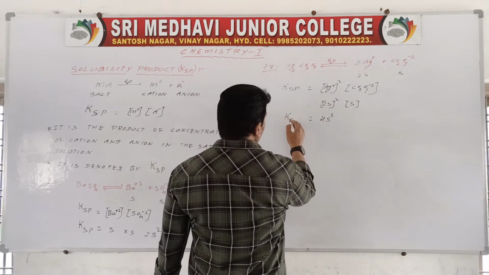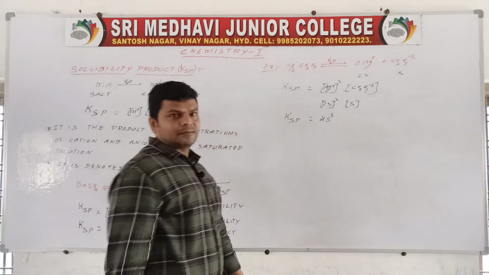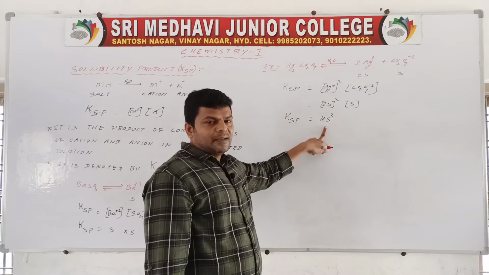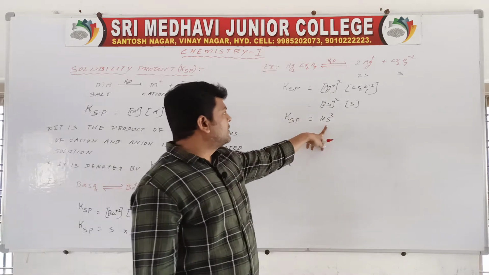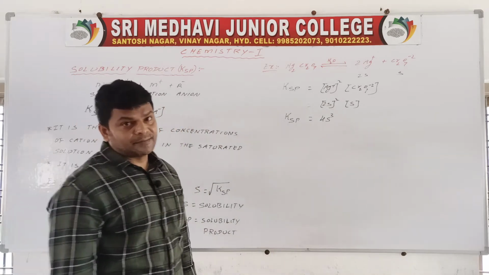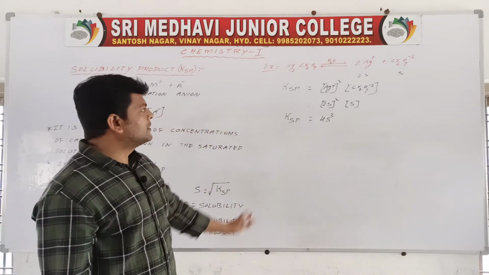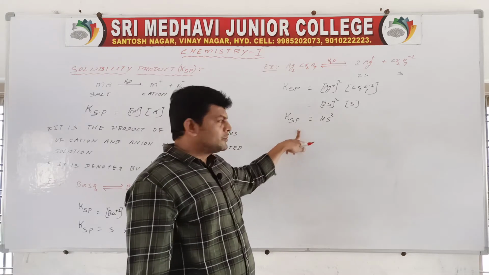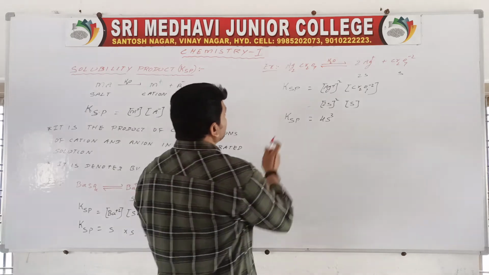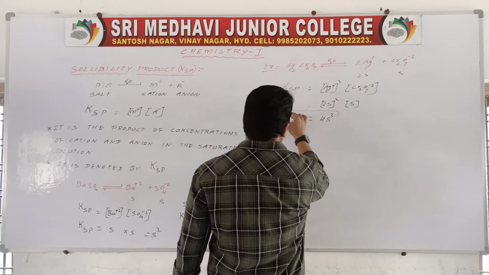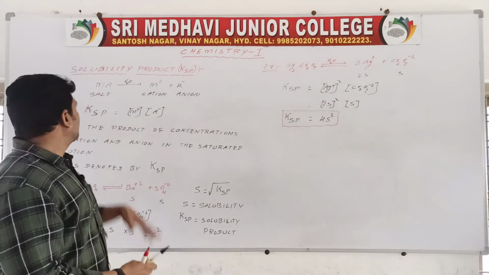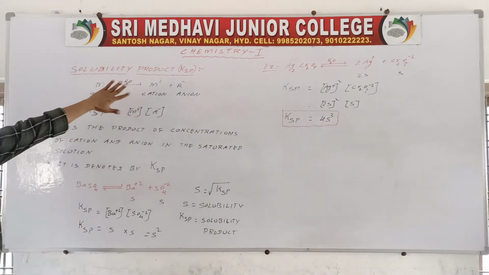It is the solubility product for Ag2Cr2O7. Then S is equal to cube root of KSP by 4.